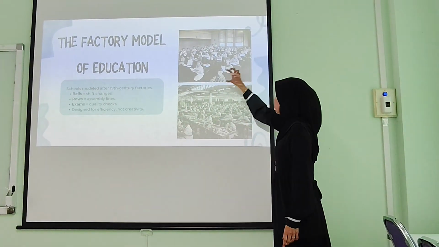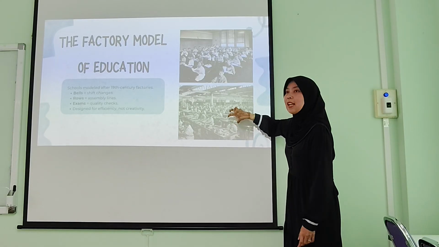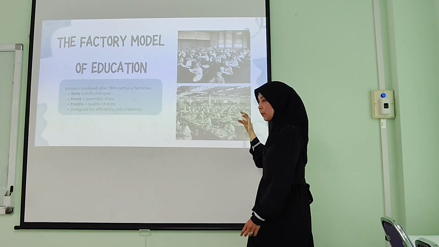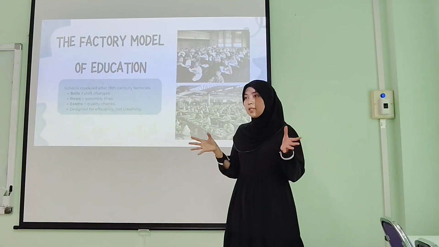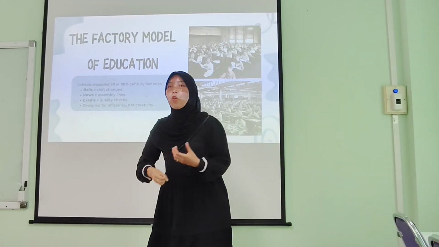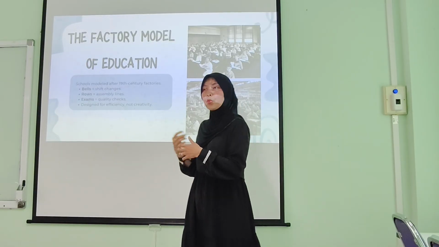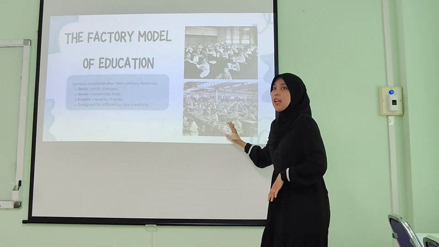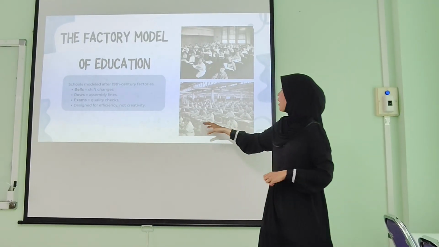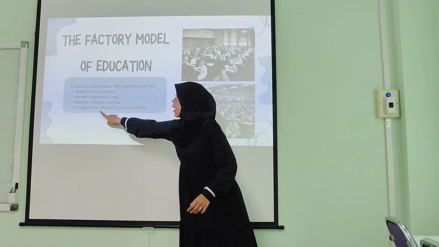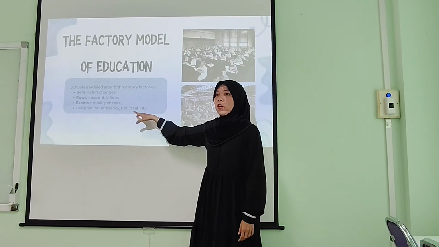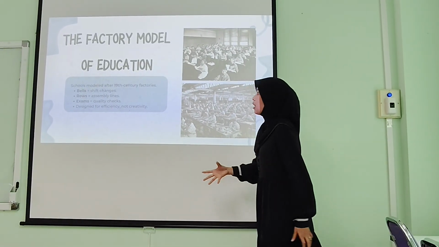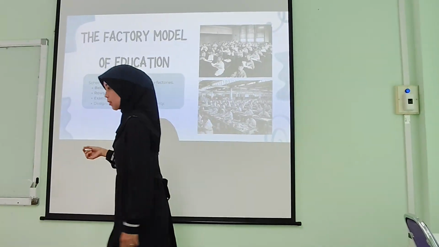So they follow the rules of the factory in this classroom. You understand? Yeah, it works. It works for producing workers who follow the rules. But for students, for the classroom, it doesn't work. Actually, the classroom should be designed for creativity, for solving problems, for something more than just following the rules.